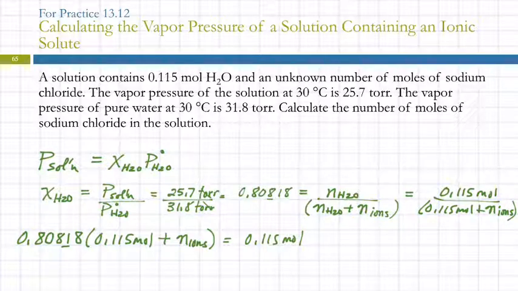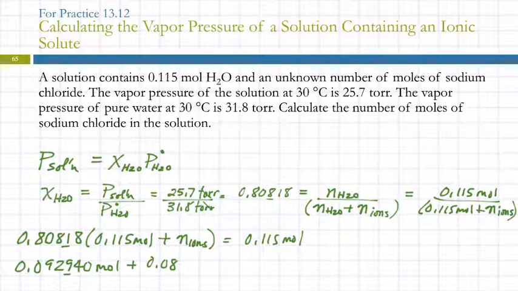So you've got the 0.80818 times 0.115, plus 0.80818 times the number of moles of ions is equal to 0.115 moles. Wow, that's really messy.